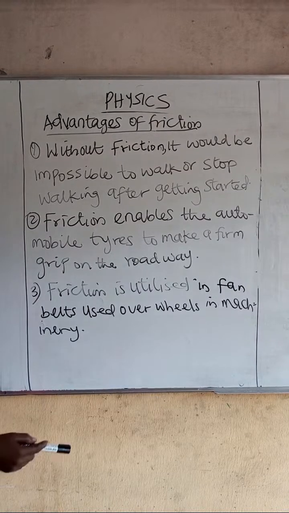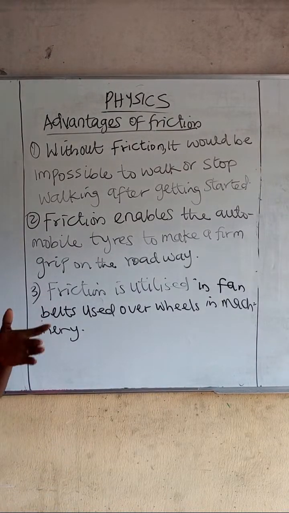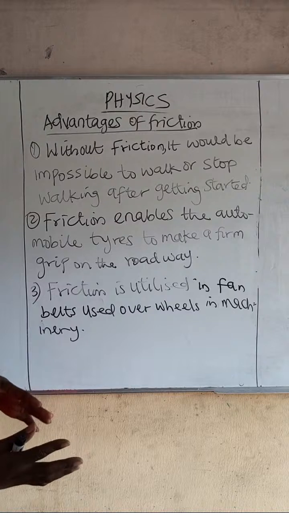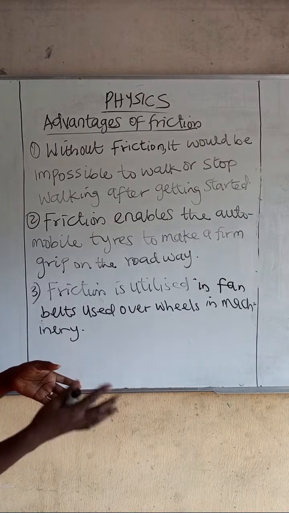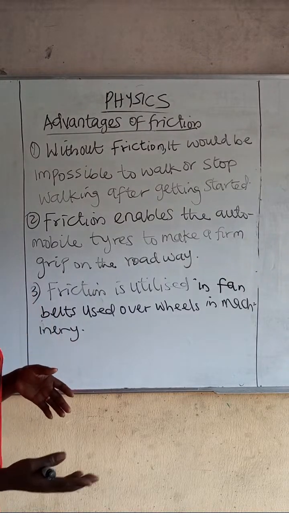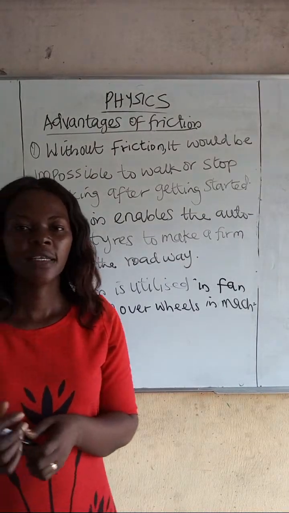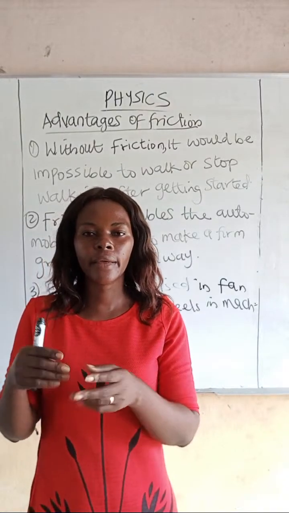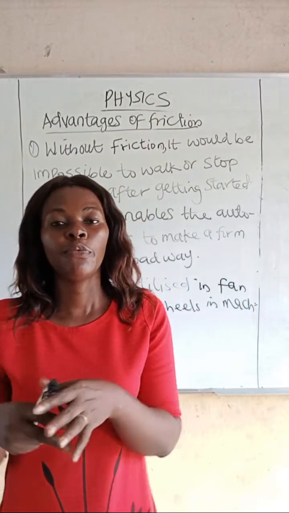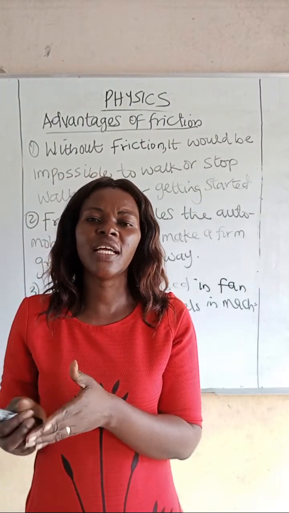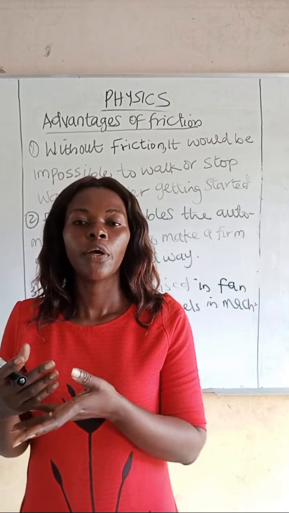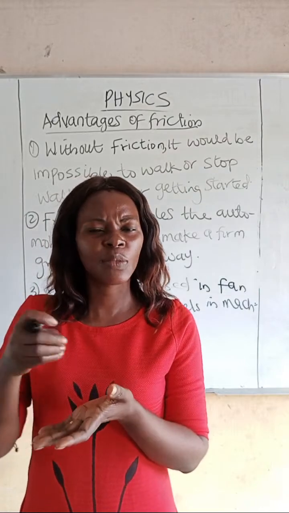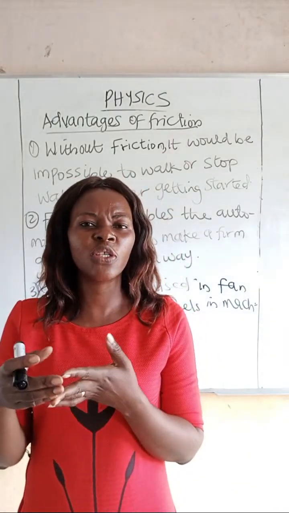Okay. Now, the first advantage is this. Without friction, it will be impossible to walk or stop walking after getting started. What do I mean by that? If you are walking on a clay soil with a bare foot, your foot is a smooth surface, and clay soil is also smooth.